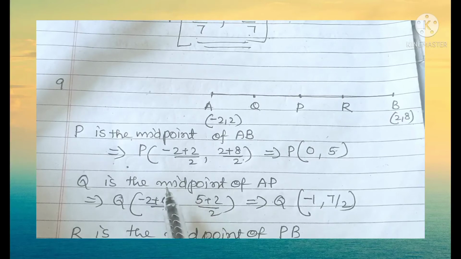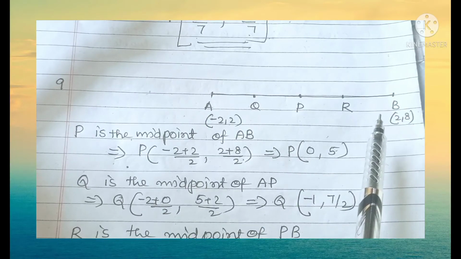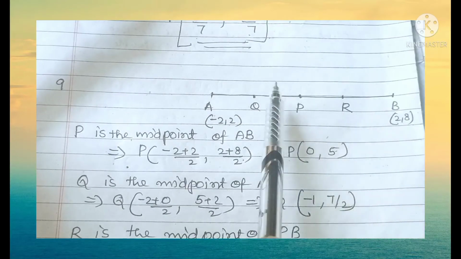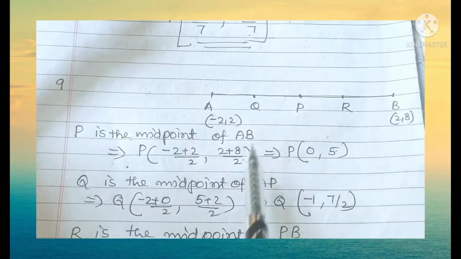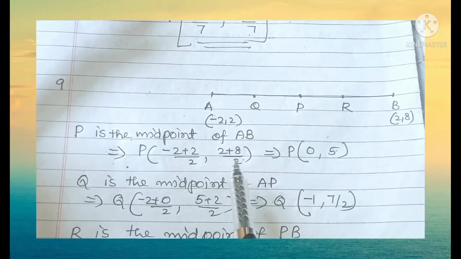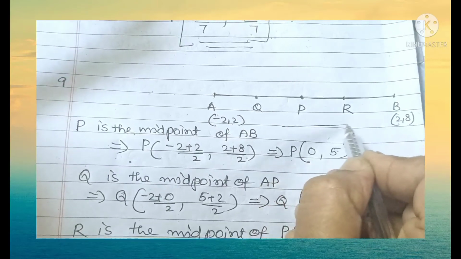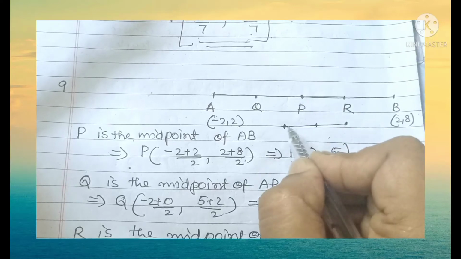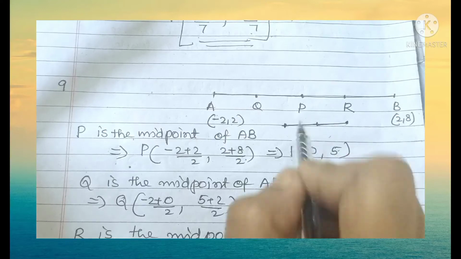Ninth one: find the coordinates of the points which divide the line segment joining A (-2, 2) and B (2, 8) into 4 equal parts. So here AB is the line segment. 4 equal parts means first we want to draw a line segment. If we are marking the midpoint, we know it divides into 2 equal parts.